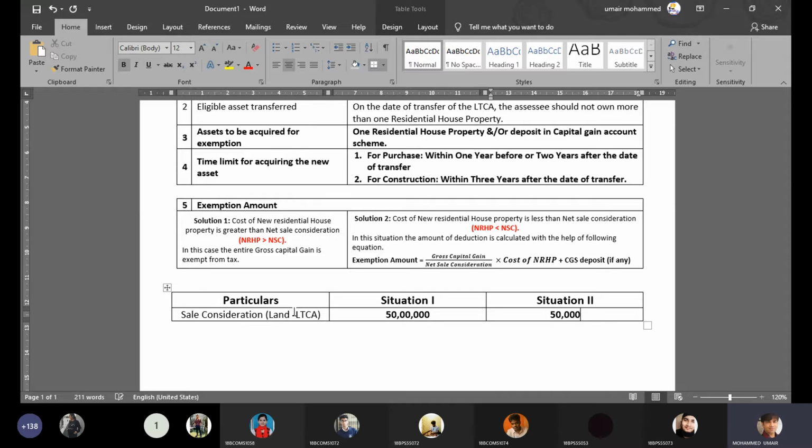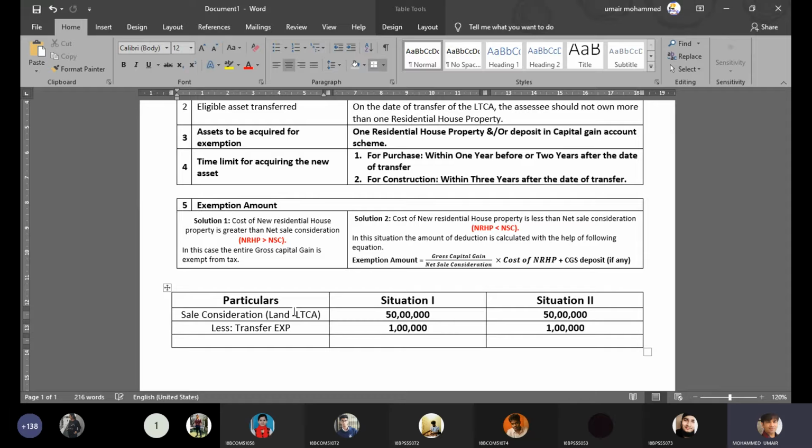So here also let's keep the situation same, 50 lakhs. Then comes your transfer expense. Let's assume here it is 1 lakh, and it is the same in both situations. The transfer expenses remain the same. So net sale consideration will be 49 lakhs.